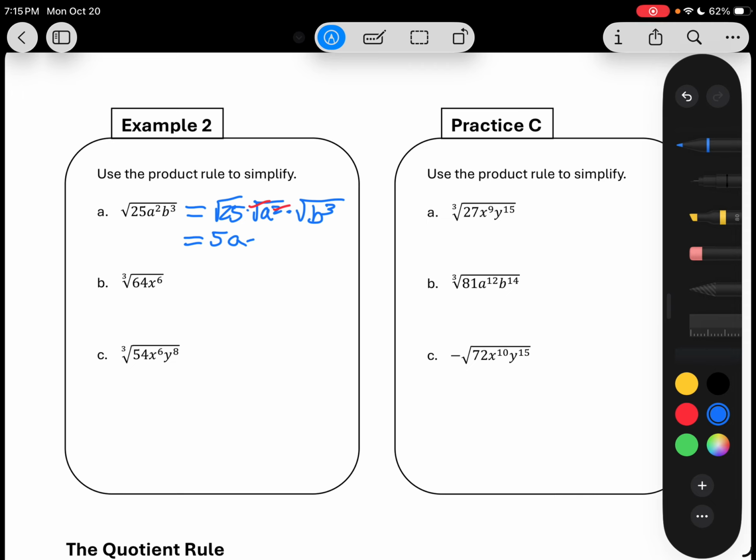However, if you think about it, that's the same thing as b squared times b. And when you do that, now you can see that the square root and the square do undo each other, but it leaves one of the b's left over inside the square root. So the final answer on this one will be 5a b square root b.